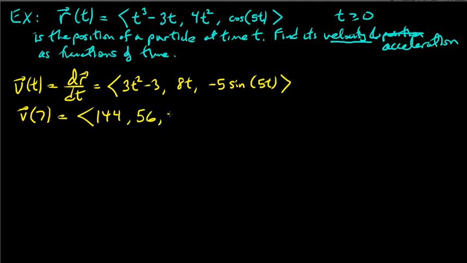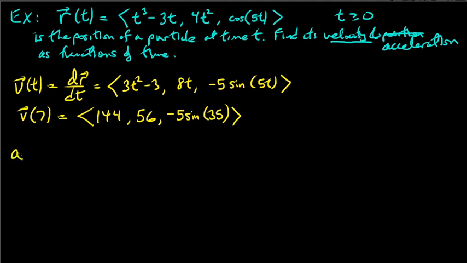And then, whatever this is, negative 5 times sine of 35. Not 35 degrees, 35 radians. So I have no idea what that is, but it's some number. You might want to double check my arithmetic here, but I think that's correct. So that's the velocity.